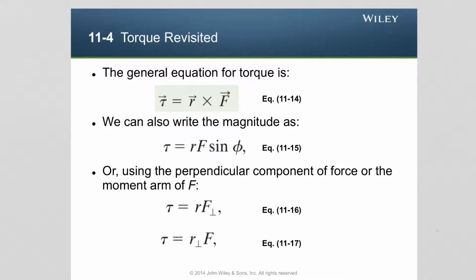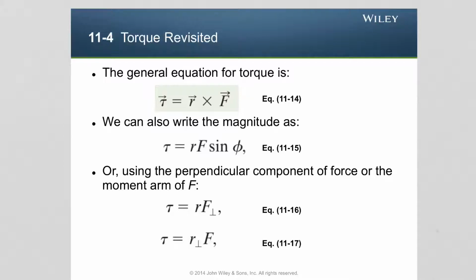And one more time, the magnitude of the torque is equal to the magnitude of the position vector times the magnitude of the perpendicular component of the force that acts on the particle.